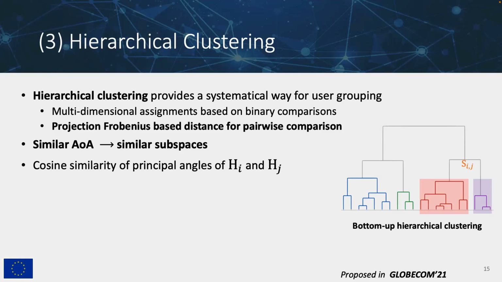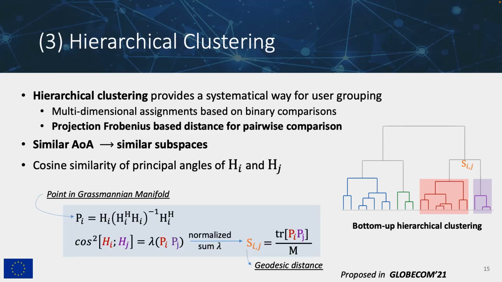So if I have two CSIs, I can analyze a projection matrix that's a point in some manifold, in this case the Grassmannian manifold, and I can analyze the cosine similarity between those two matrices. One way to do it is with this lambda, which is basically the eigenvalue of this product. If you normalize it, we have some similarity value. That's what we are interested in.